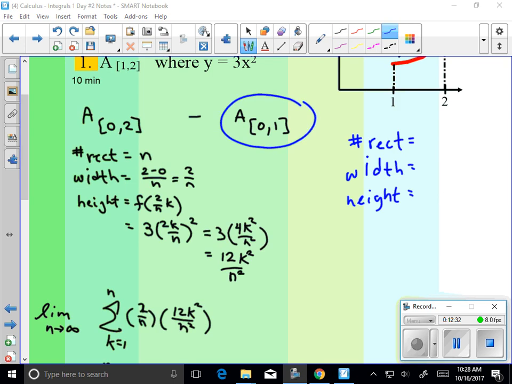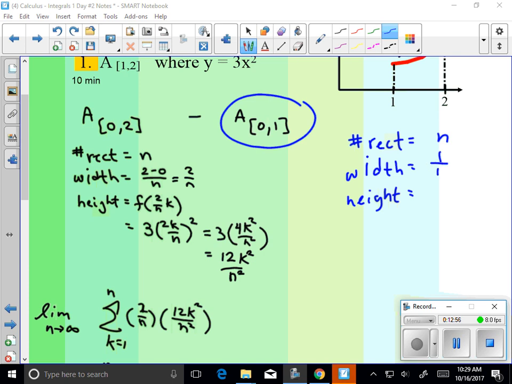All right, so one more thing, and then I'm going to give you some time to work, and I might do some other stuff here with U substitution in a moment. But how would this change for 0 to 1? Yes, I know I could take the integral from 0 to 1 of 3x squared and get x cubed, and I get 1, right? But how would things change here? Do the number of rectangles change? No. Does the width change? Yes.